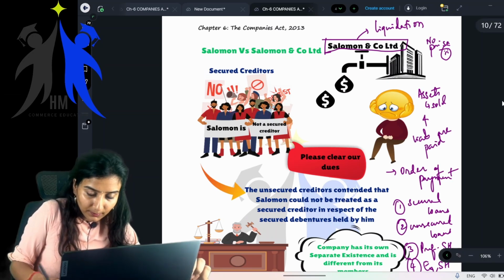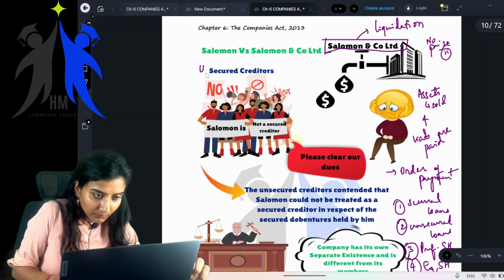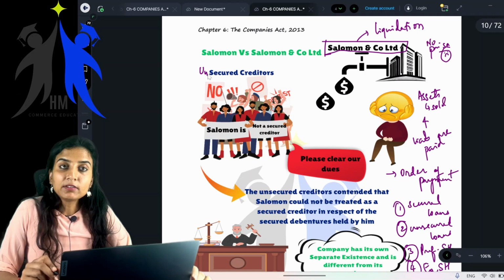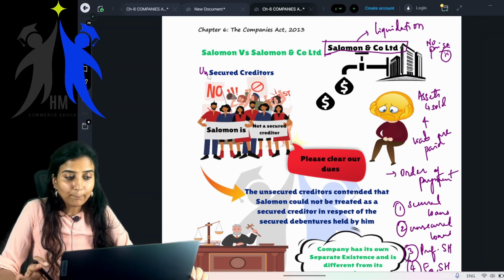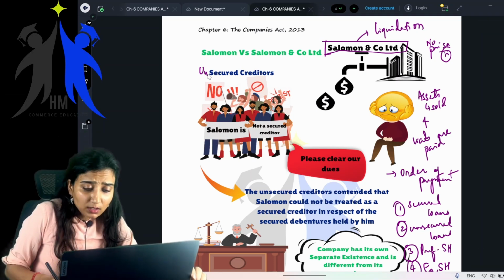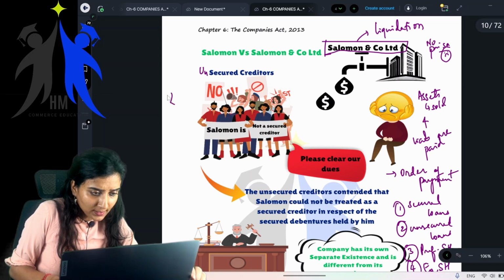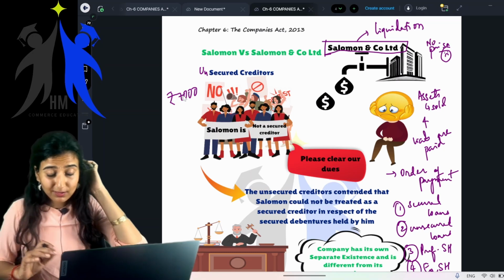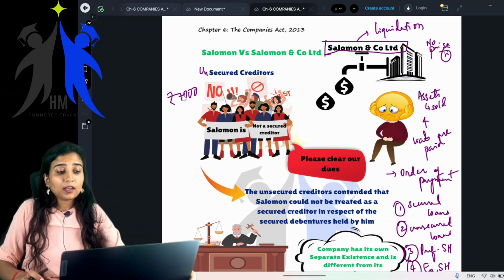Make this unsecured creditors. Okay, fine. So there were unsecured creditors also in this company, to the tune of rupees 7,000.